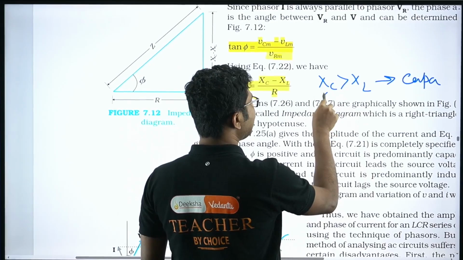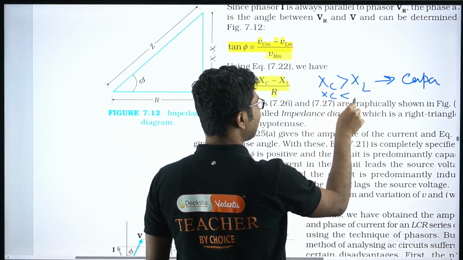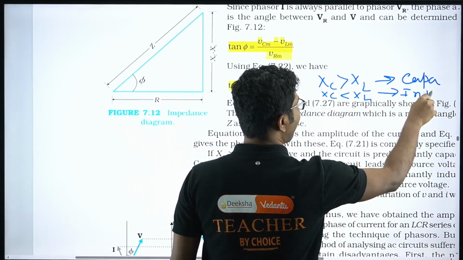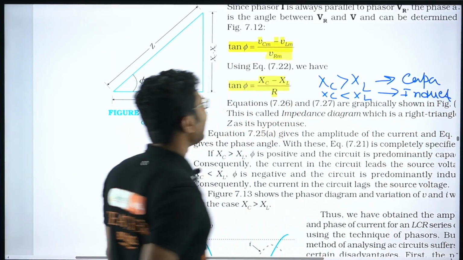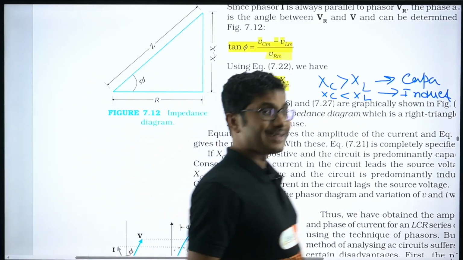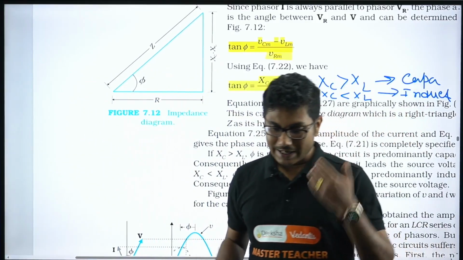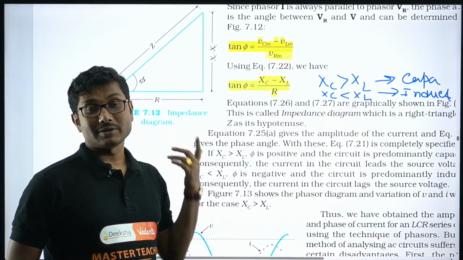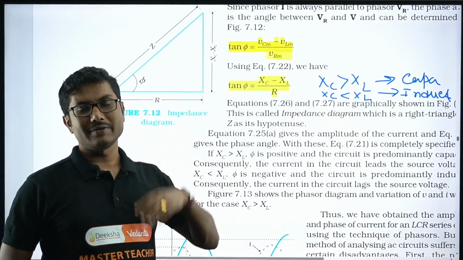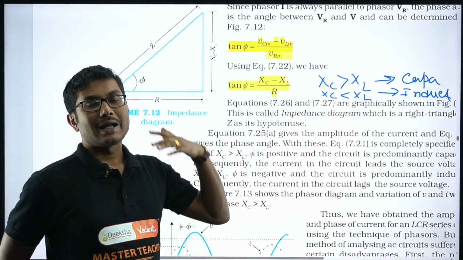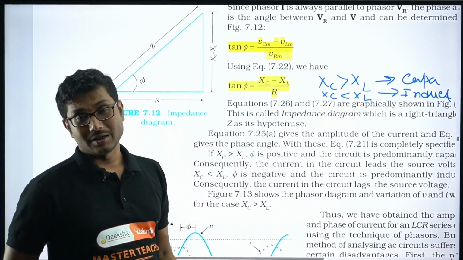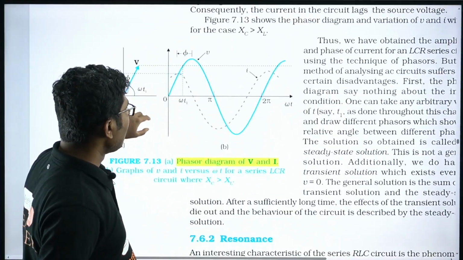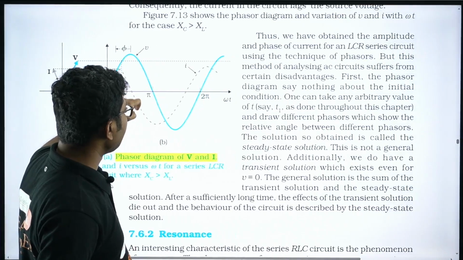But if XC is less than XL, then the circuit is inductive, and we say that the current is lagging behind, like in a pure inductor. Whatever the circuit is depends on that. We can say it is capacitive or inductive, and if it is inductive, it will take the characteristics of an inductor. If it is capacitive, it will take the characteristics of a capacitor, right? So the phasor diagram, everything is there.